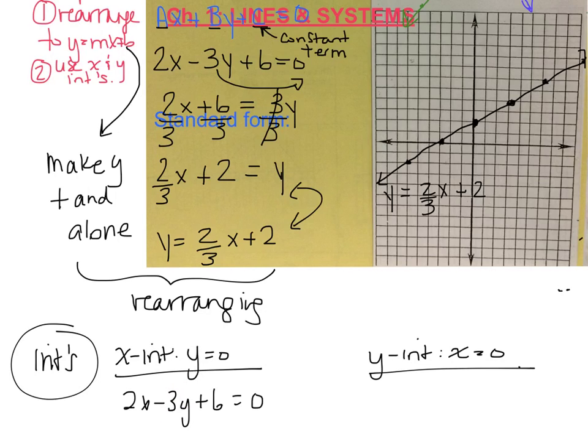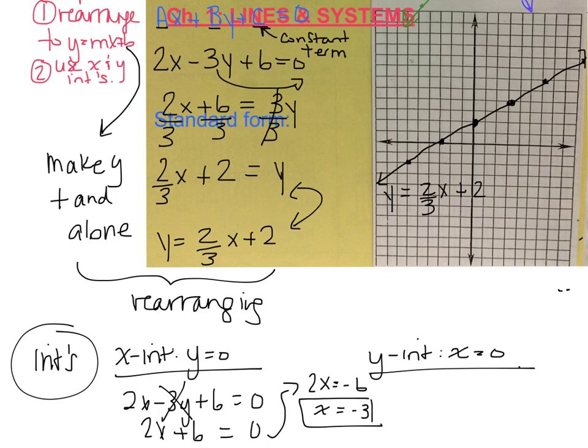We can really take a shortcut and just cross that out. So we're left with 2x + 6 = 0, which means that 2x is equal to -6, so x is equal to -3. That's our x-intercept, and that's actually what we see already on our graph up here. X is equal to -3. The coordinates of this x-intercept would be (-3, 0).